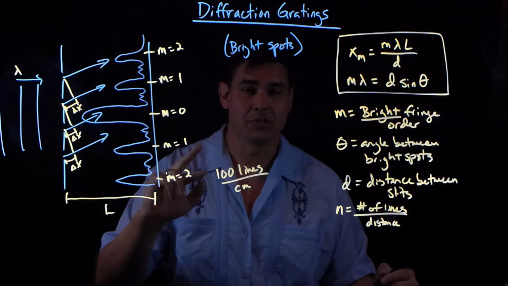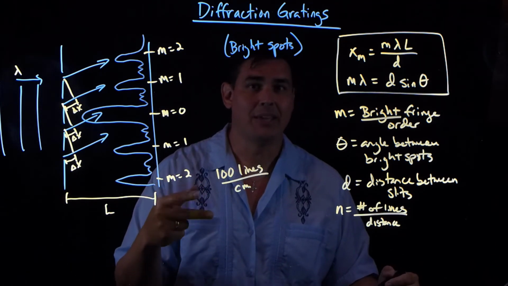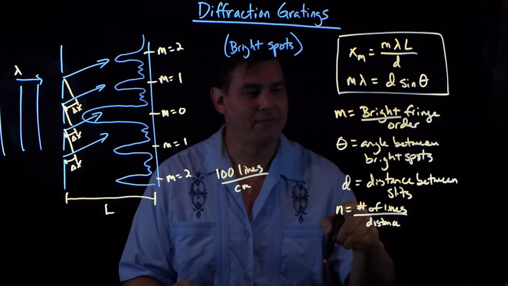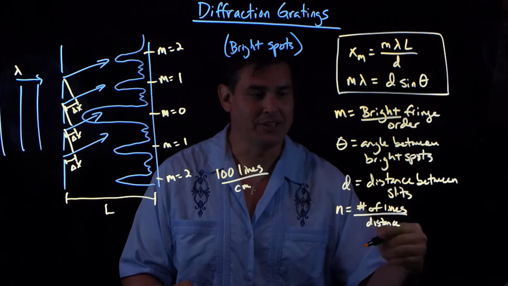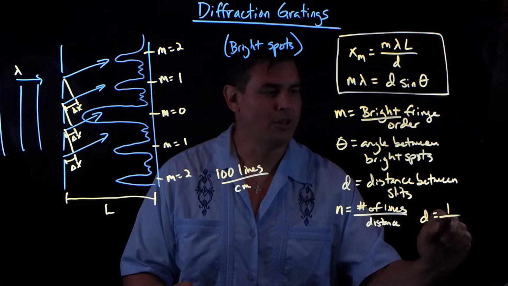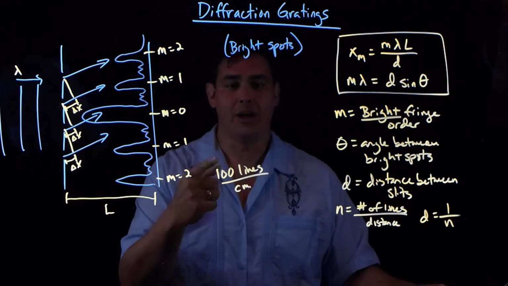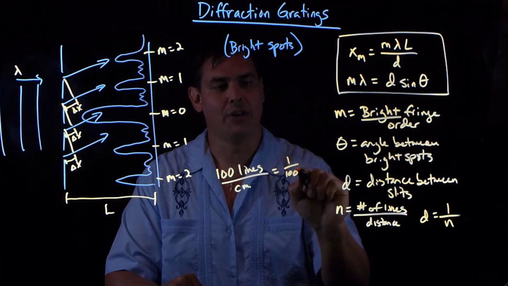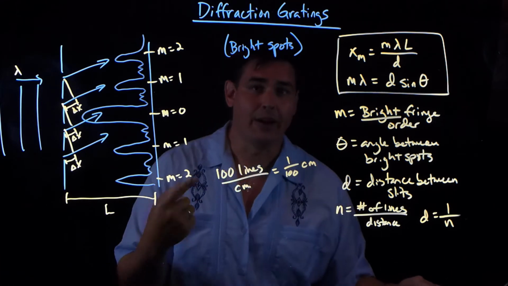So if I just take the reciprocal of that, that would tell me how many centimeters is 1 line, right? So if I have the number of lines per unit distance, then D is going to equal 1 over N. So 100 lines per centimeter is going to equal 1/100th centimeters for every line.